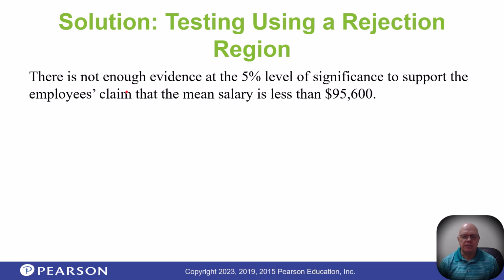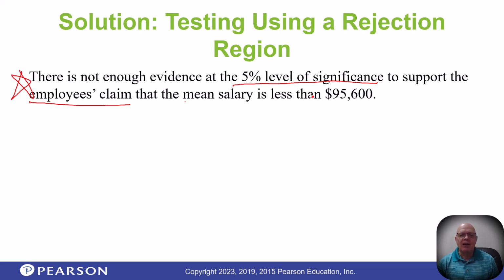And finally, good write-up. There's not enough evidence at the 5% level of significance, as opposed to the 1% or 10%, to support the employee's claim. So the employees are either going to have to get more information, or they're just going to have to forget about it.